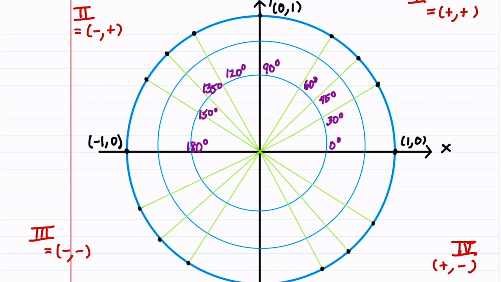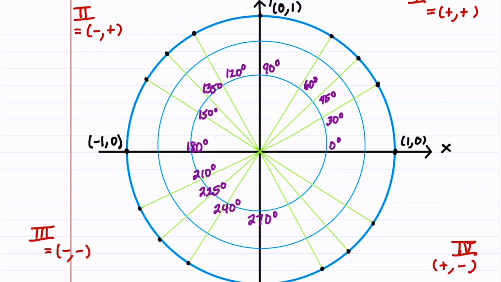Now we're going to do the same thing again. We're going to start with 180 degrees. We're going to add 30 degrees, and we get 210 degrees. Then we'll add 45 degrees to 180 degrees, and we'll get 225 degrees. Then we'll add 60 degrees to 180 and get 240 degrees. And then down at the bottom, we have 270 degrees. We're almost done.